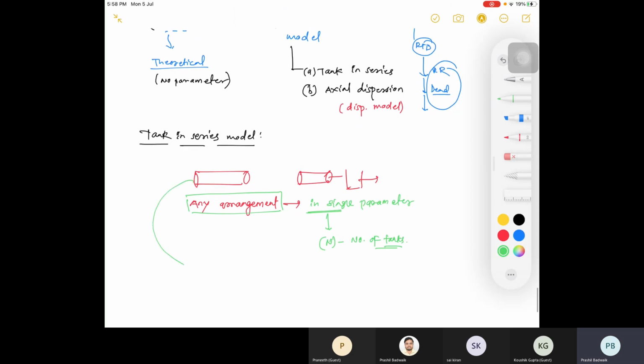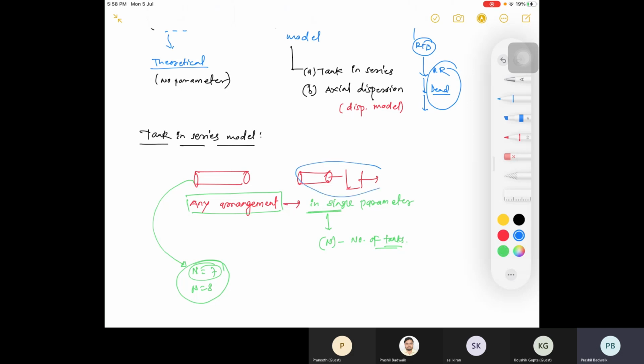So suppose this is the arrangement you have. In order to represent non-ideality in this arrangement, you will say it has 7 tanks or 8 tanks. Using this number of tanks, you are representing your non-ideality.